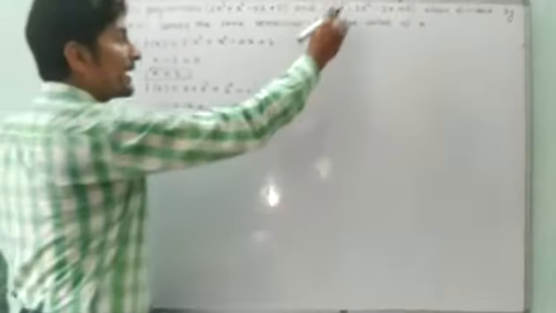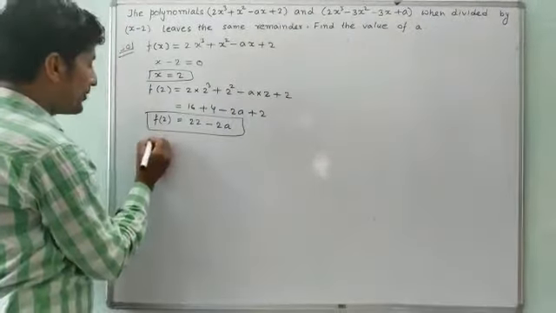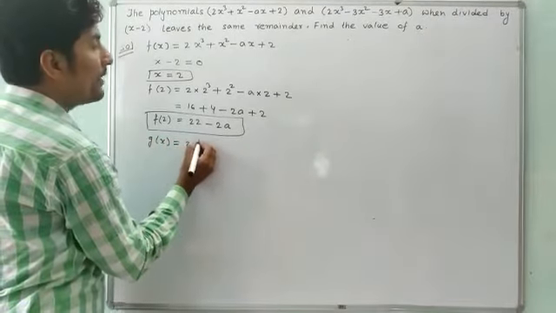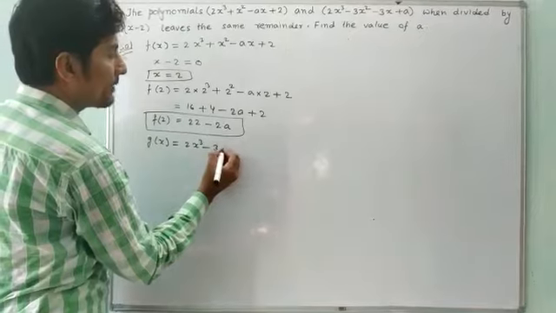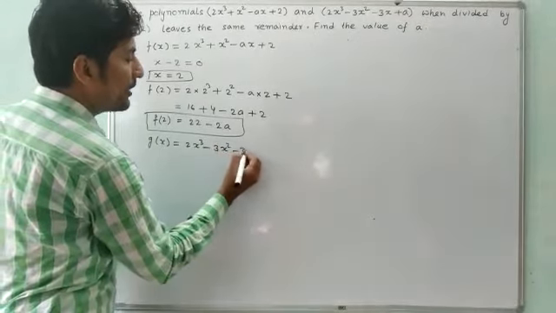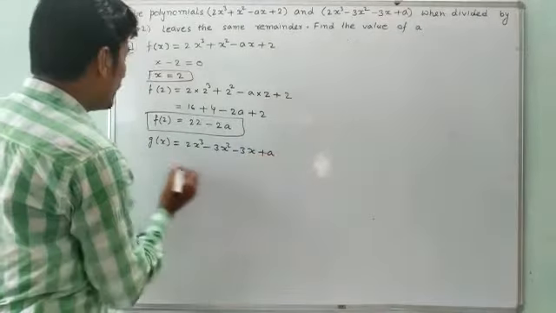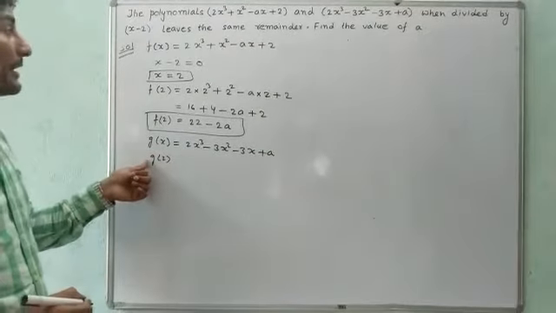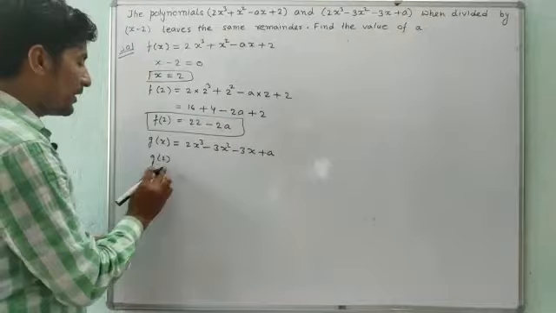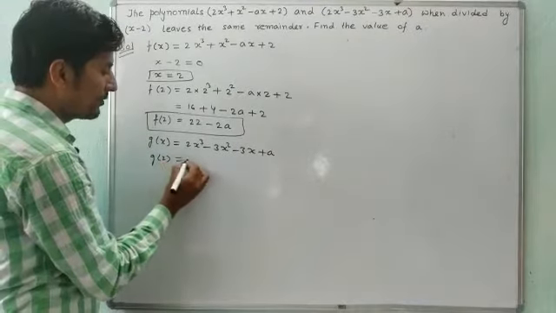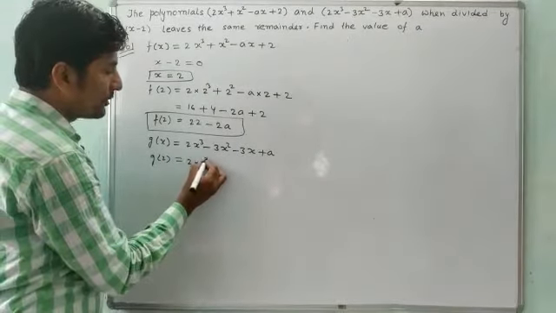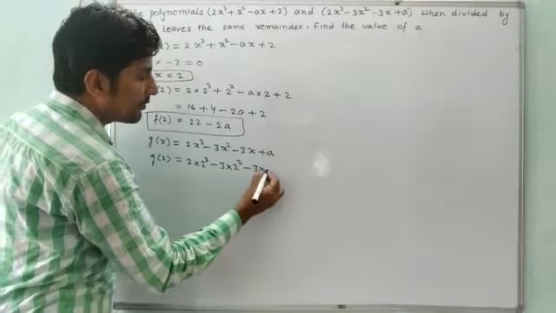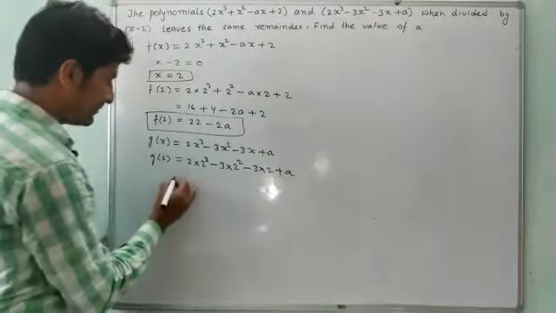Now, the second polynomial we can assume as g(x). Let g(x) be 2x cubed minus 3x square minus 3x plus a. Now we will find g(2) because the same polynomial is also divided by x minus 2. So we are going to find g(2). g(2) will be equal to 2 into 2 cube minus 3 into 2 square minus 3 into 2 plus a.